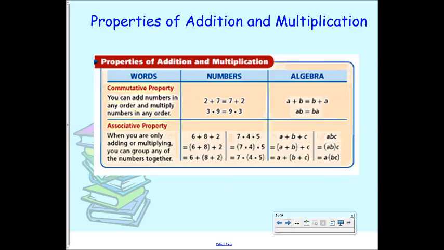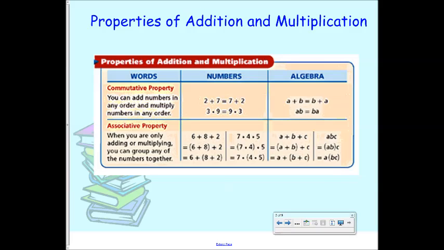In addition and multiplication, 7 plus 2 and 2 plus 7 will both give you what? The same answer, which is 9. Same thing with multiplication. 3 times 9 is? 9 times 3 is? 27. So they're both giving you the same thing. So commutative property tells you what you can do with the order of things. Flip it and it doesn't make a difference, right?